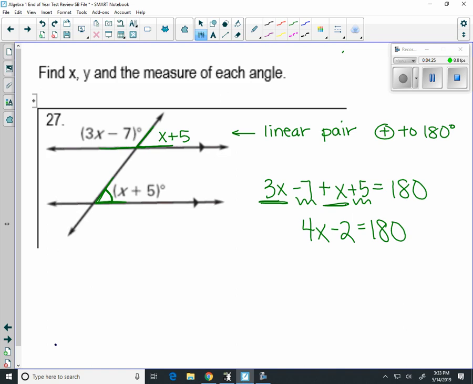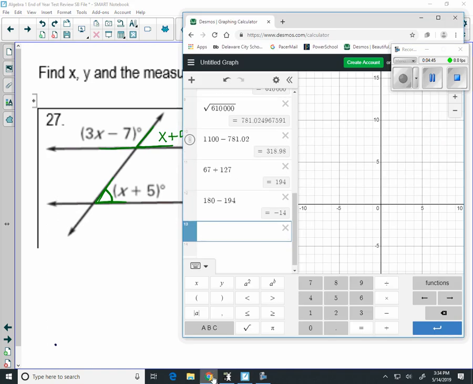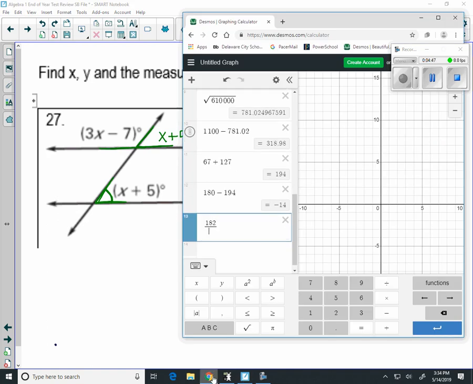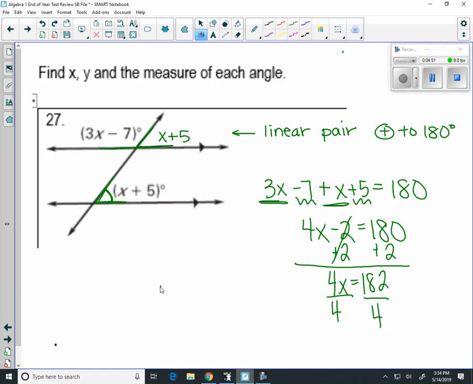And now it's a nice, easy solving equations problem. We're going to undo the 2. We're going to move it to the other side by adding. And we're going to divide by 4. x is 45.5.